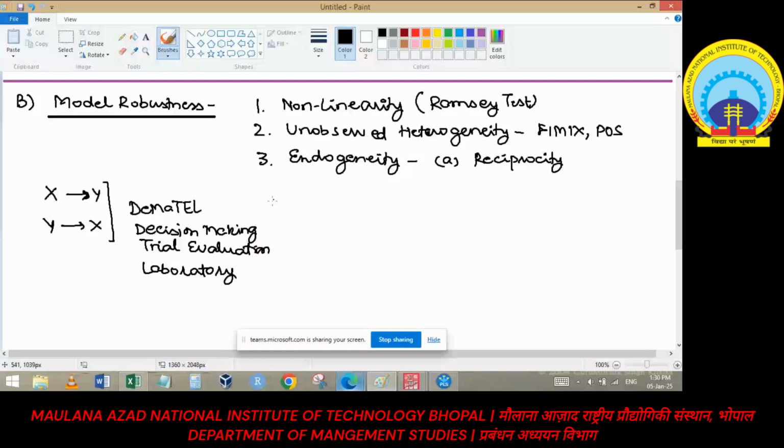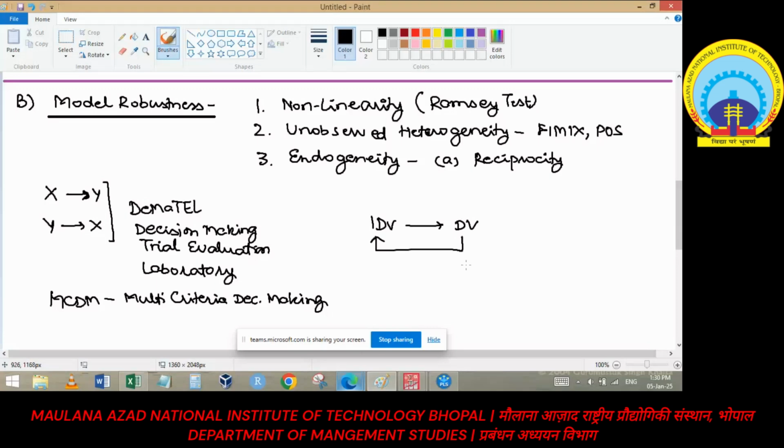MCDM stands for multi-criteria decision making. So out of all the techniques, only DEMATEL is the technique which actually talks about reciprocity. DEMATEL says it's not only that IDV has an effect on DV, actually DV can also influence the IDV.